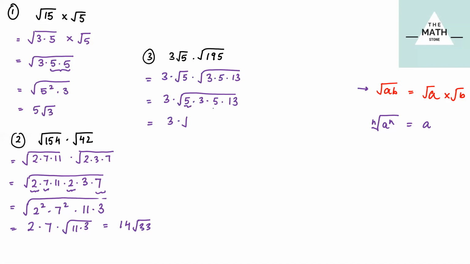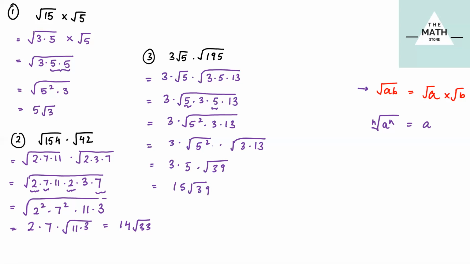This 5 and this 5 can be grouped, so it becomes 5 squared times 3 times 13. So 3 times the square root of 5 squared times the square root of 3 times 13. Then 3 times 5 times the square root of 39, then 15 times the square root of 39. That's your final answer. So it's very simple actually.